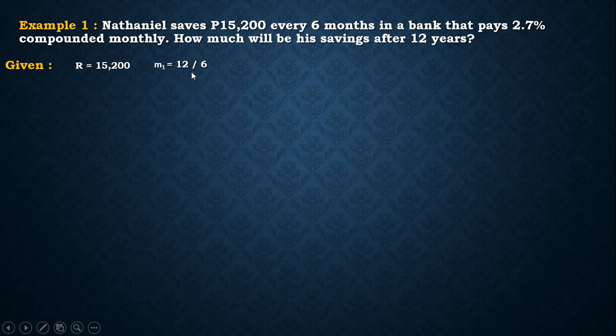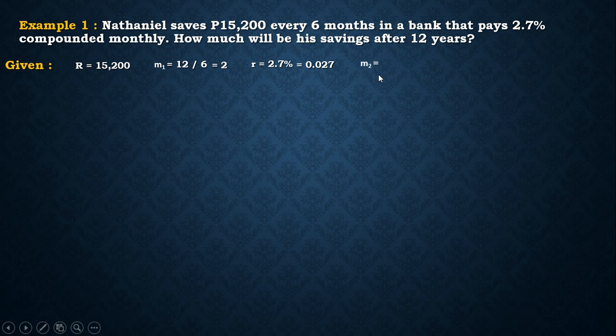So, yung 12 na yun, lagi mo raw i-divide kung ano yung payment interval mo, 6 months. So, 12 divided by 6, that is equal to 2. So, ang M sub 1 natin is equal to 2. Ang R naman natin is 2.7%. Ito po siya. So, ang R ay laging dinidivide sa 100 para maging decimal. So, we have 0.027.